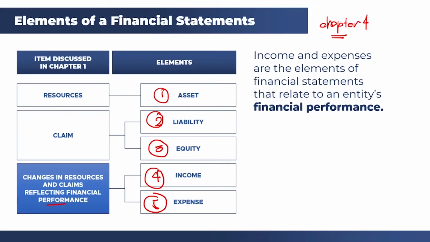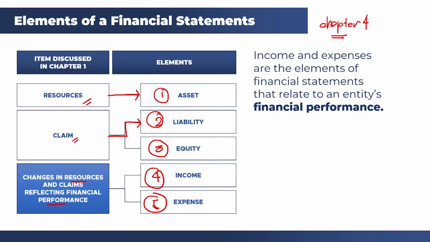This part right here is very important in understanding the nature of income and expenses. What we are saying here is that income and expenses are changes in resources, which means changes in assets and changes in claims, other than those pertaining to the owners of the business, which means that the conceptual framework means changes in liabilities.